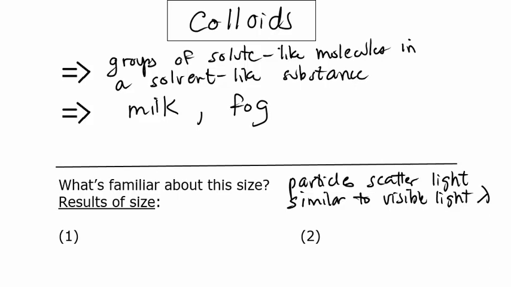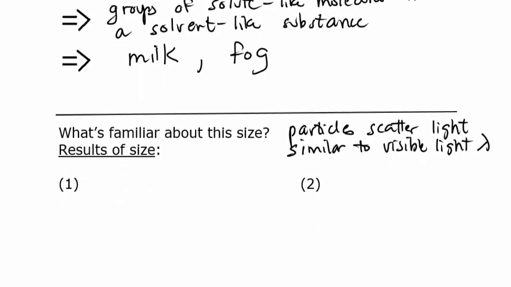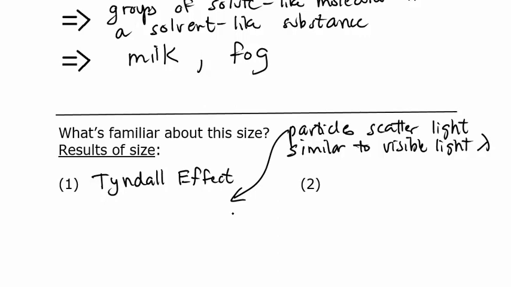That's what's familiar about the size. It has a couple of important effects. One of them is called the Tyndall Effect, and that is where the particles actually scatter the light. Because of that, colloid mixtures are not see-through.